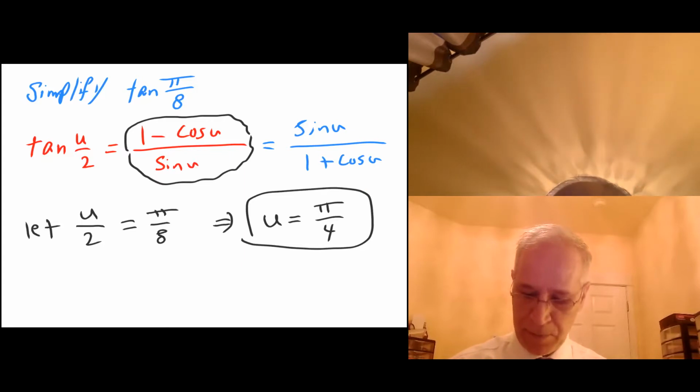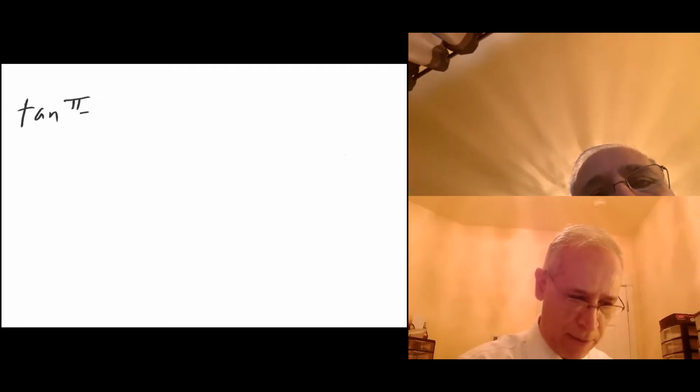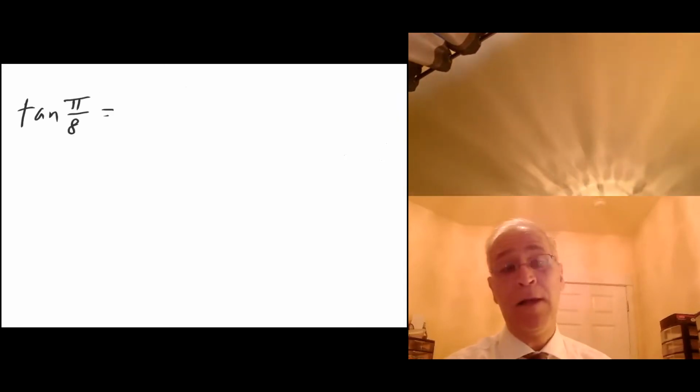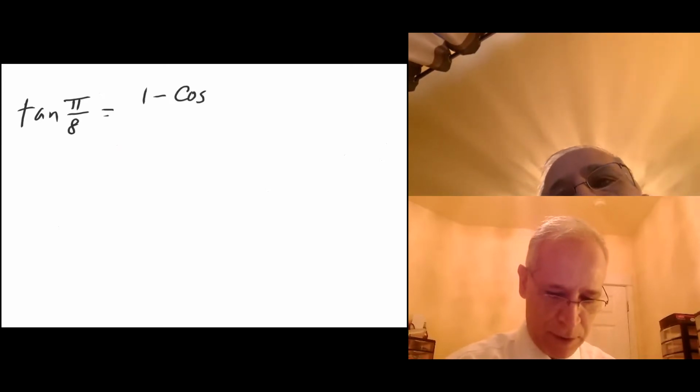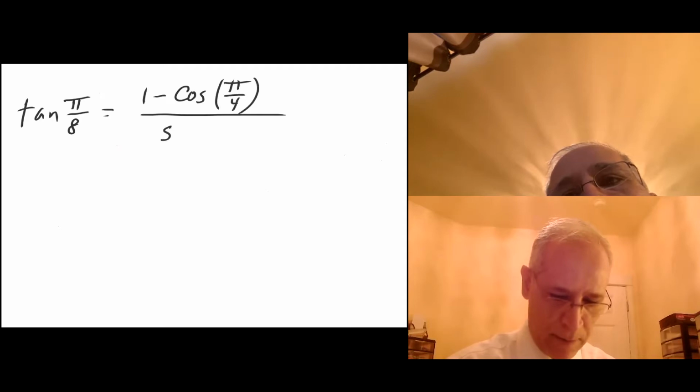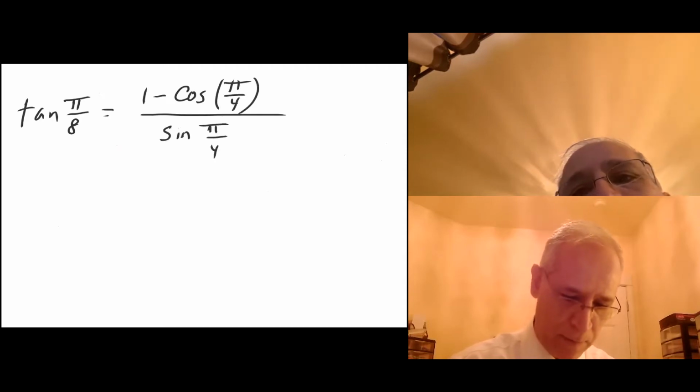Let me go to the next page. Now I have tangent of pi over 8 equals, using my identity, 1 minus cosine of u, which is pi over 4, all over sine of pi over 4.